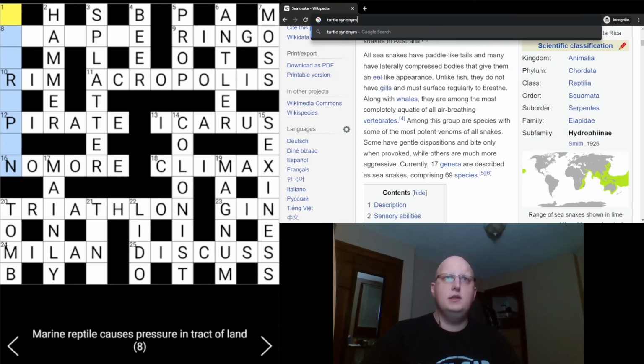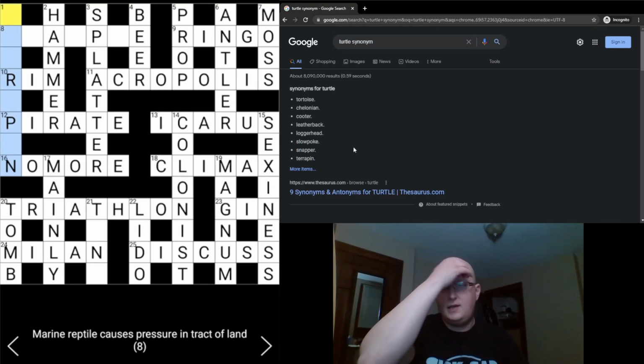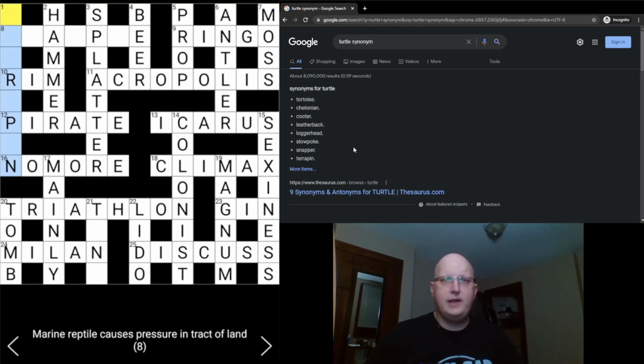Turtle synonym. Let's see if this brings it up. There it is. Terrapin. Now I had to straight up cheat. I used like a crossword word finder, where I put in blanks, P blank or R blank, P blank N. But this is a word I would never use in 1,000 years.